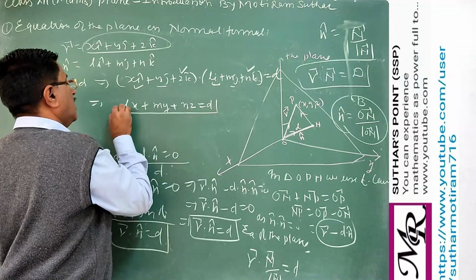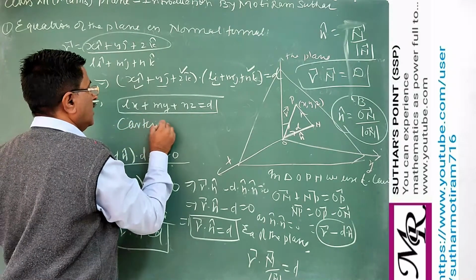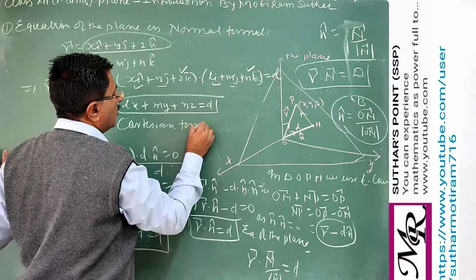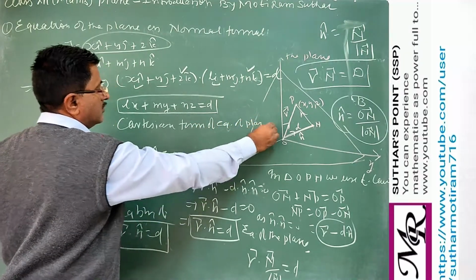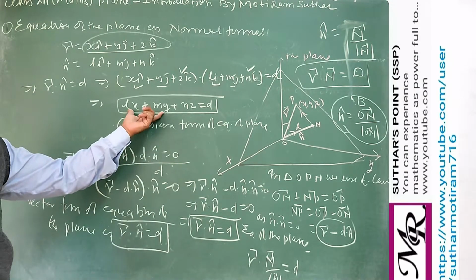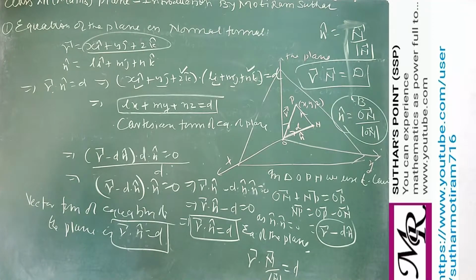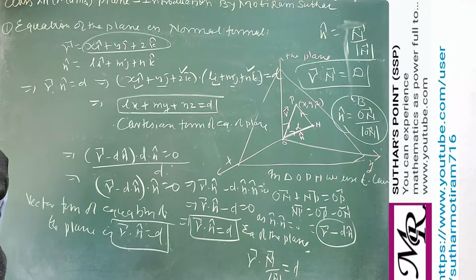So this is the Cartesian form of the equation of the plane. Similarly, scalar lx plus my plus nz equal to d. Clear?